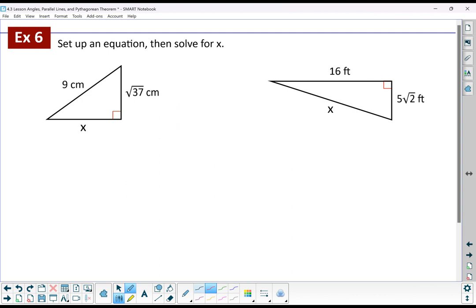So if we want to set up an equation here, we can do that to help us solve for x. So leg squared plus other leg squared is equal to hypotenuse squared. Now, if you have a side length like root 37, it's a good idea to put it in parentheses in case you need them.